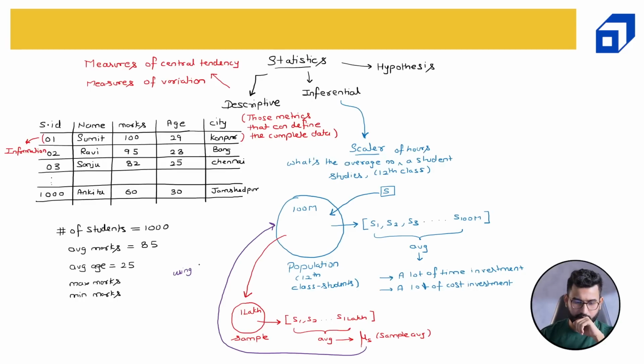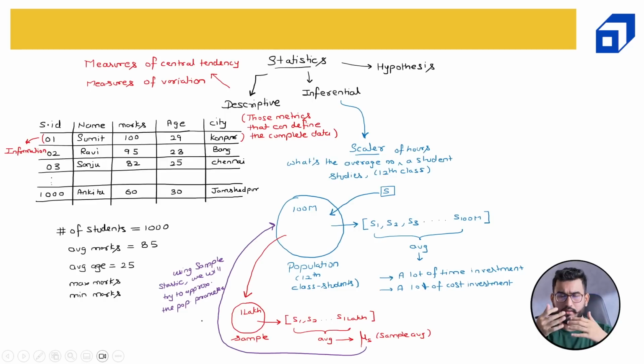Using sample statistic, we will try to approximate the population parameter, and that is basically known as inferential statistics. Now there are some procedures, we have a few formulas, we will be talking about that, but this is basically the brief idea behind why we need inferential statistics.